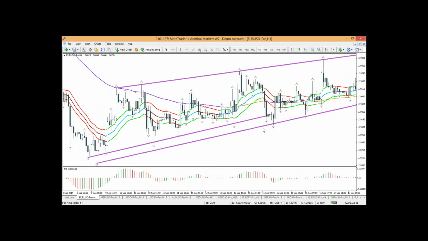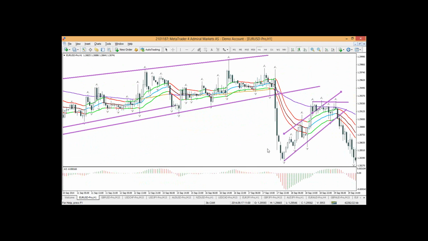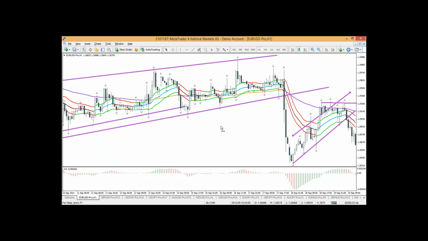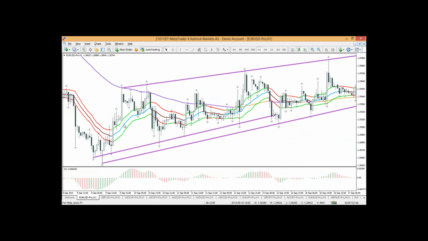Of course, there are occasional occasions where price does break the flag to the upside, and all of a sudden we see an acceleration like that. But usually the flag continues with the trend, or in many cases at least, and trying to catch the top of that flag is more successful.